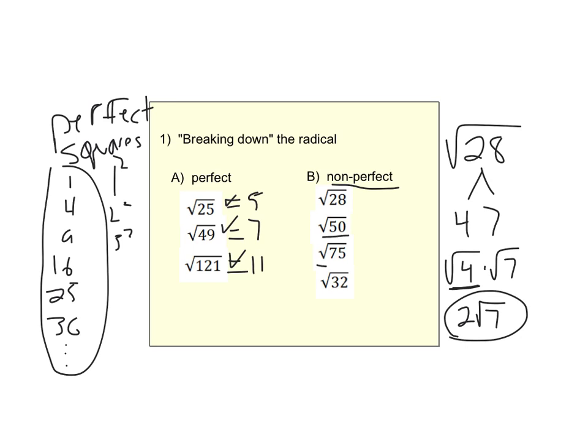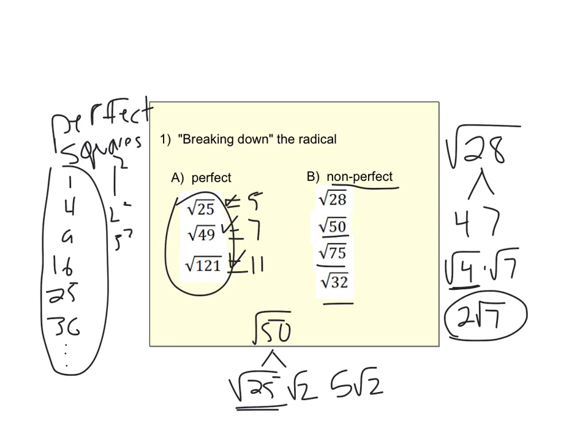All right, 50, 75, 32, those are all ones that can be split apart as well. So 50 can be split into 25 and 2. Square root of 25 would be 5, so 5 square root of 2. Okay, just to give you an example, we'll go over some more of these later. But these would be considered perfect, which would be your perfect squares.